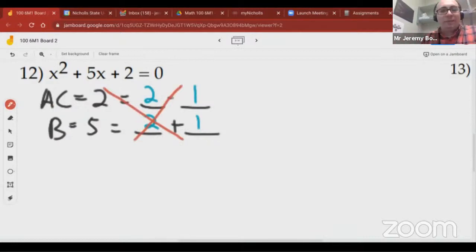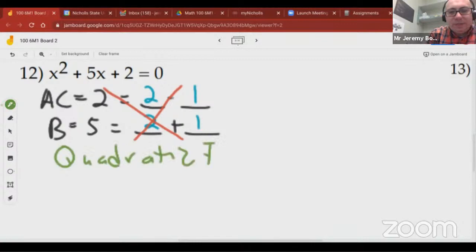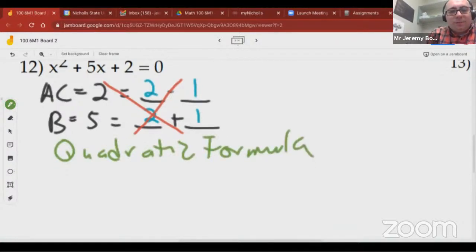Once we realize we can't factor it, that's when we go, okay, let's talk about the quadratic formula. And so the first step when you're doing a quadratic formula, we want to look at the discriminant. b squared minus 4ac.